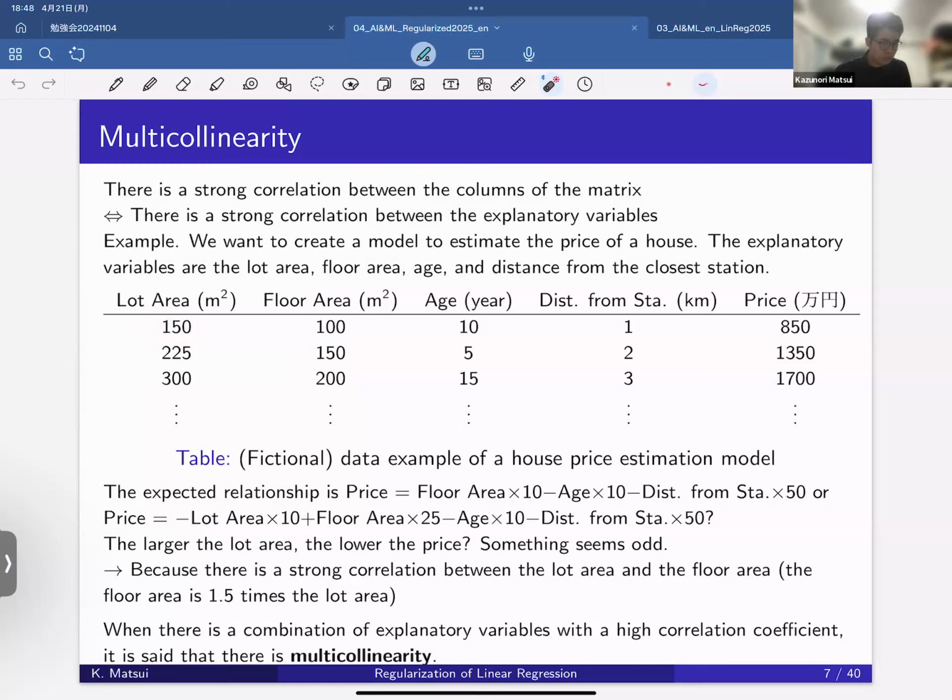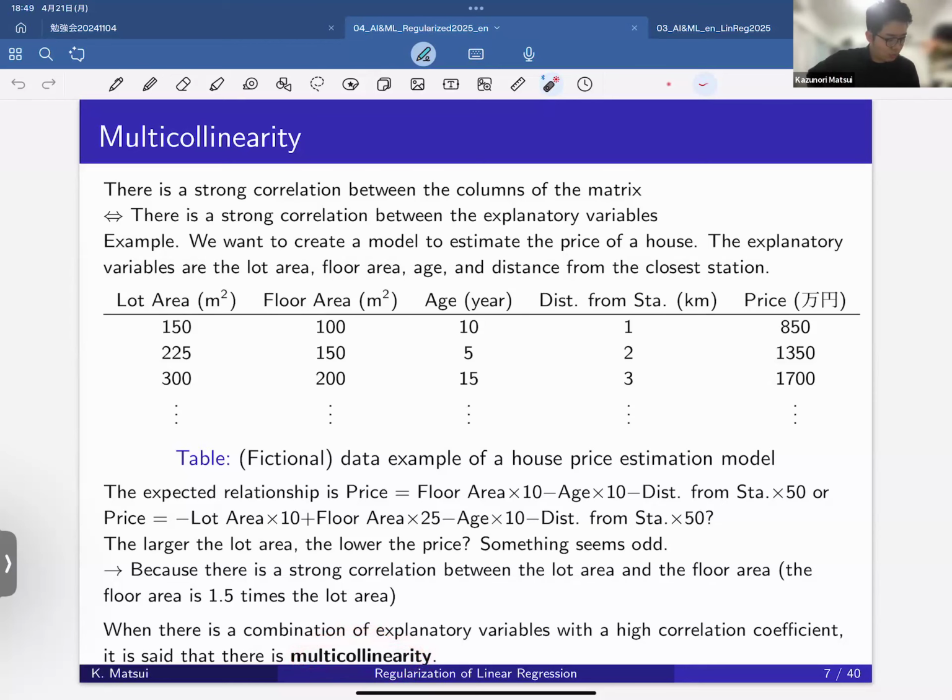For example, in surveys, if two questions are similar, they will get a similar answer. Just by including such data, we end up with two explanatory variables that have a high correlation coefficient. When there is a combination of explanatory variables with a high correlation coefficient, it is said to be multicollinearity.